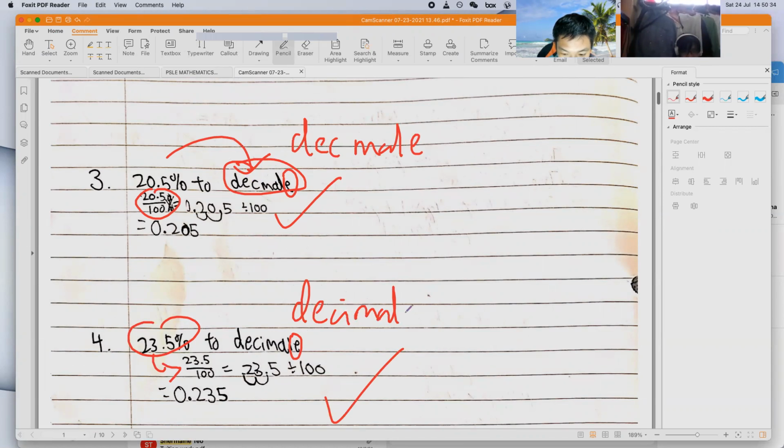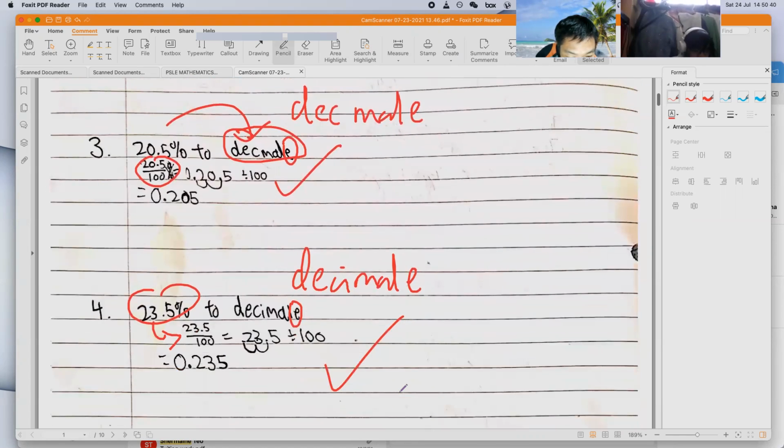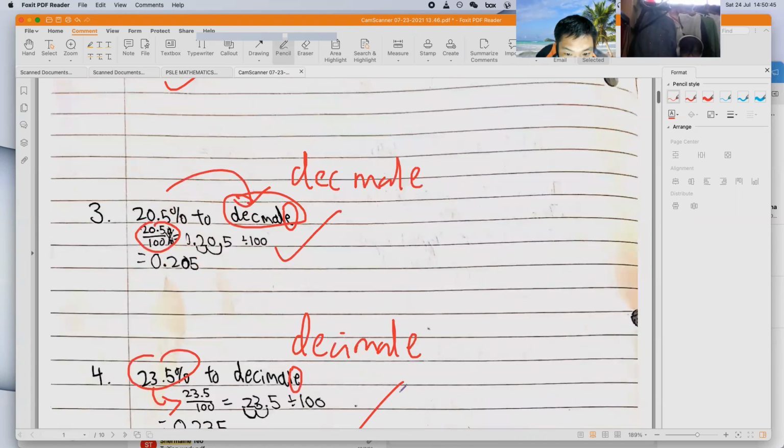Taxi mail. So which one is correct? What is the correct spelling? TECIMAL. This one is tag mail, then this one is taxi mail. Okay.